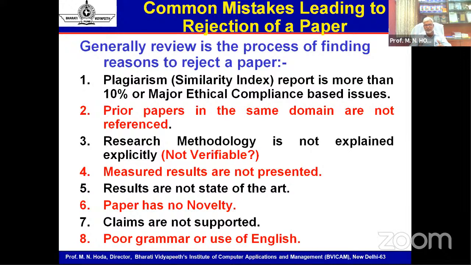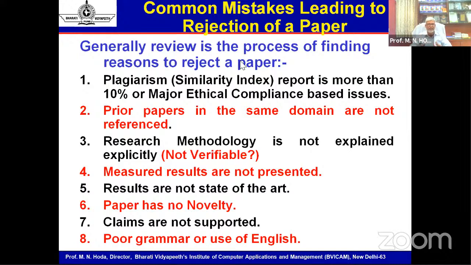My suggestion to all of you is that while writing and trying to submit the paper, even if you do not have a license of any proprietary tool with your university or your department, take help of some open access, freely available tool to scan your paper and see the similarity index.